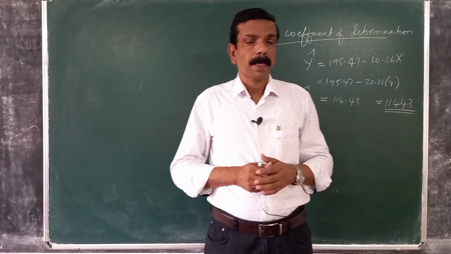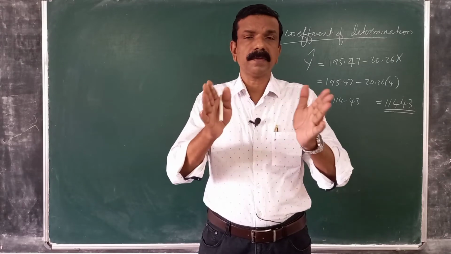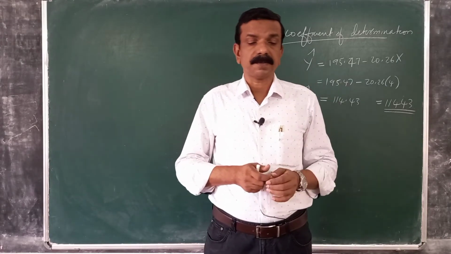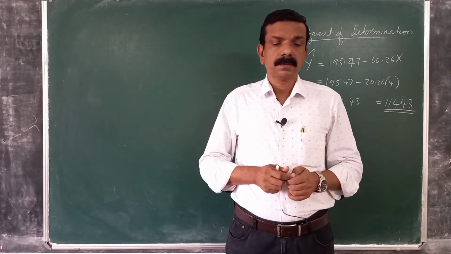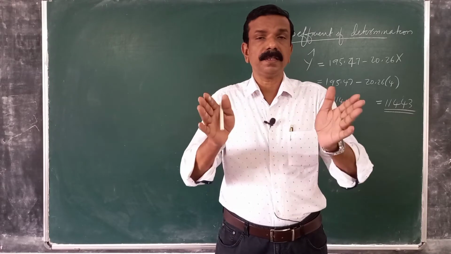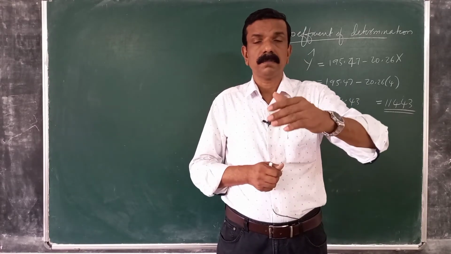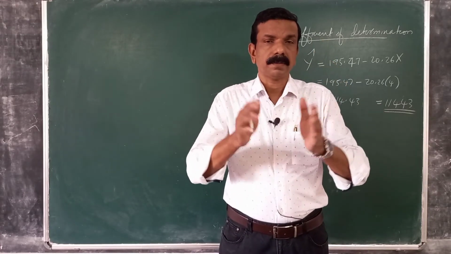Now, to measure the total variation in observed values of the response variable, we use the sum of squared deviations of observed values from the mean of that variable.